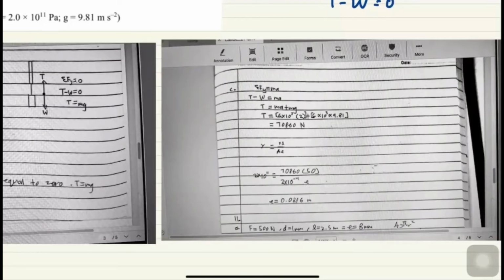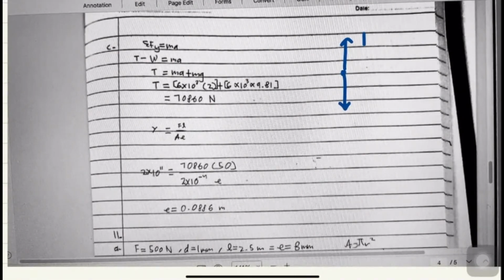Okay, yang C tu sekarang ni. Okay, yang C ni dia kata move upward at constant acceleration. Maksudnya ada acceleration. Jadi tension, weight. Ingat kita nak masukkan tu adalah tension dia.